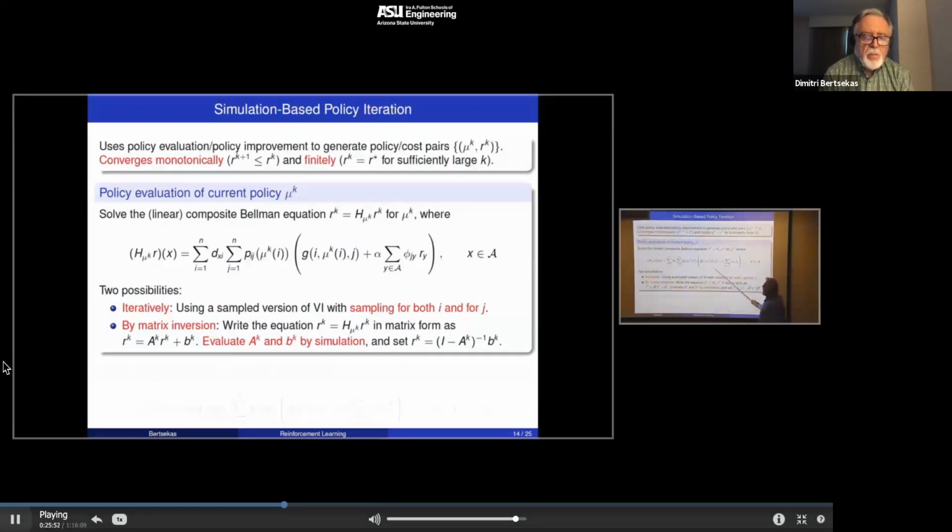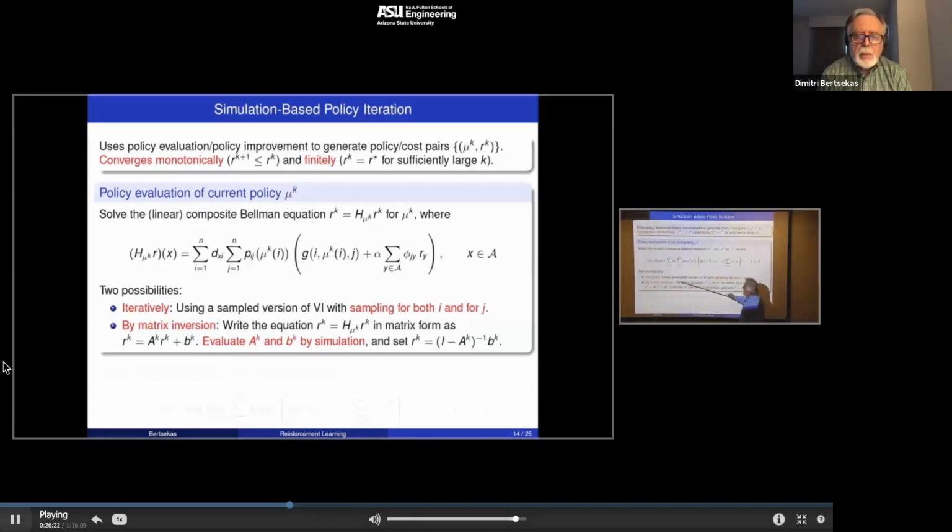And these coefficients are these things here times that, okay? These multiply the components of the vector Rk. And there's also a constant vector. The components of the constant vector are just this part. There's one for each x. And this is the vector bk.